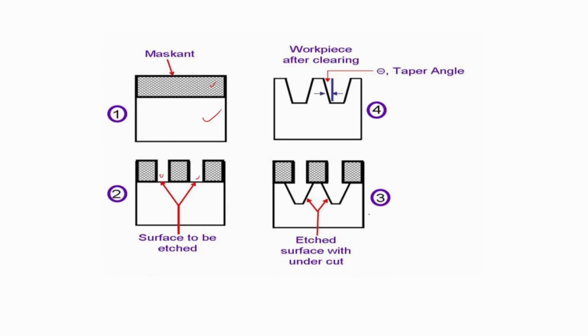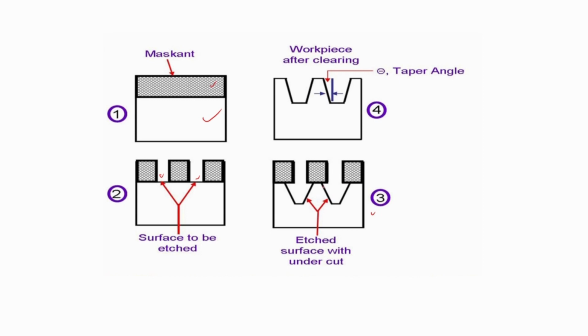Now this is the third step. In this third step, using the chemical etchant, the chemical machining process goes on, and after machining for a certain amount of time to get a certain machining depth into the workpiece, the workpiece is removed from the etchant bath.